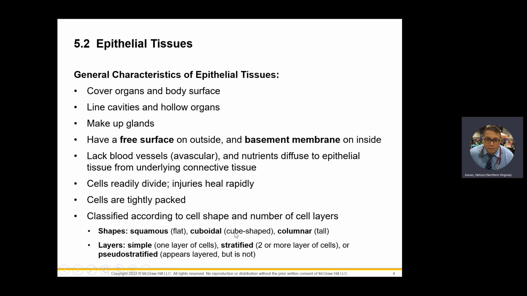And the big thing about columnar is the villi or microvilli or cilia, and associated with the tall glass-shaped goblet cells that make mucus. Now, the layers could be this simple, just one single layer, or they could be stratified or in multiple layers. And of course, the columnar could also be pseudostratified. It looks like it's layered, but it's not.